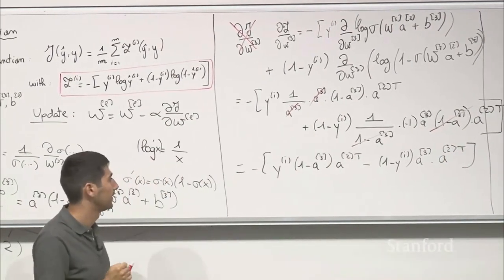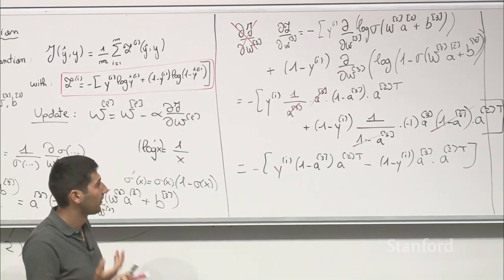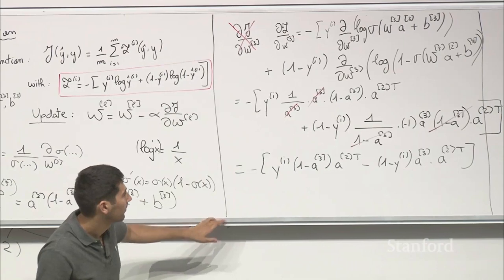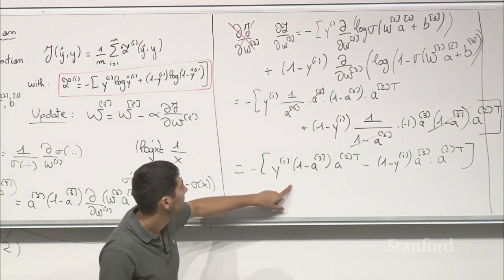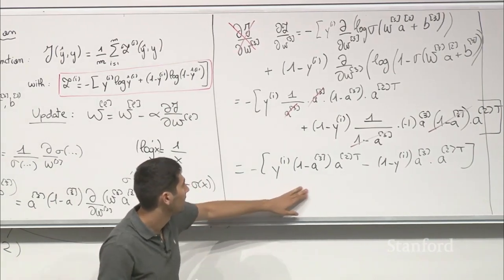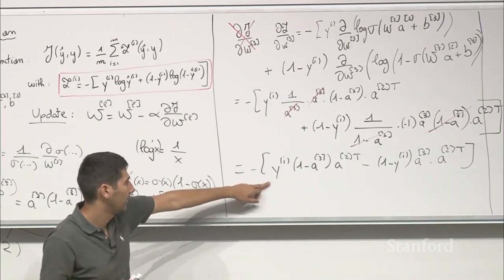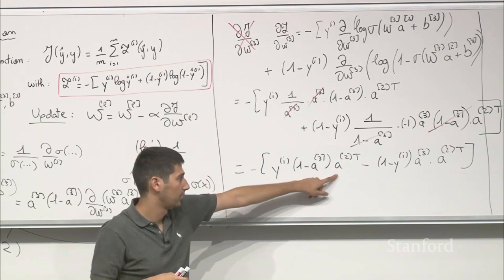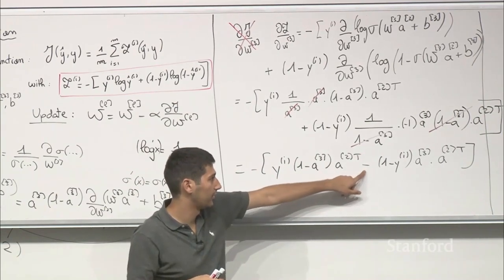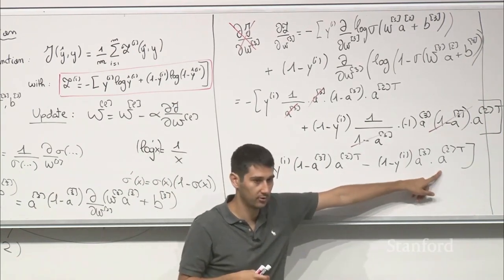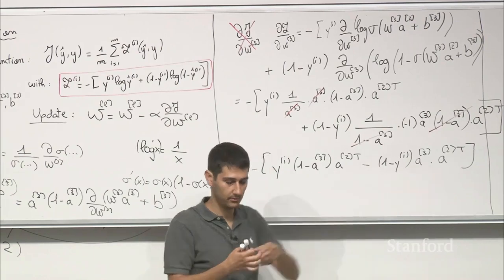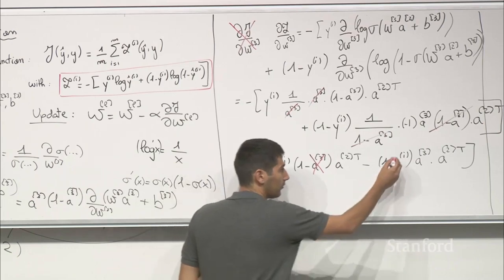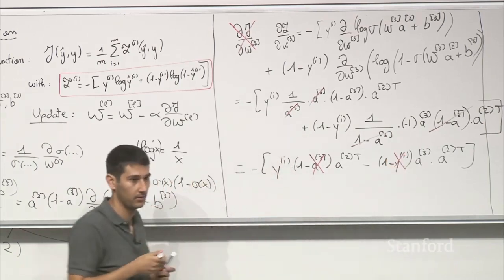And then quickly looking at that, I see that some of the terms will cancel out, right? Okay, so I have one term here, yi times minus A3 A2 transpose, which would cancel out with plus yi A3 A2 transpose. Does it make sense? So the term that will multiply this number will cancel out with the term that will multiply this number.